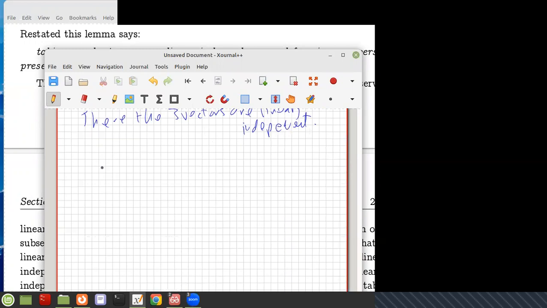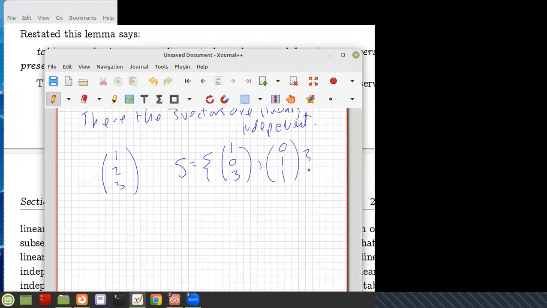You can also see other problems. For example, let's say that I had the question: these ones here are linearly independent in S. We can check that, right?